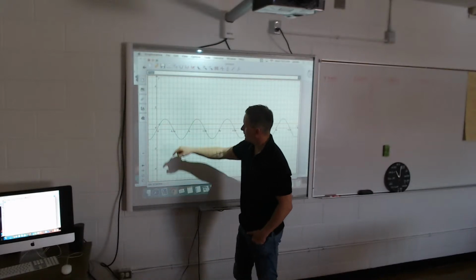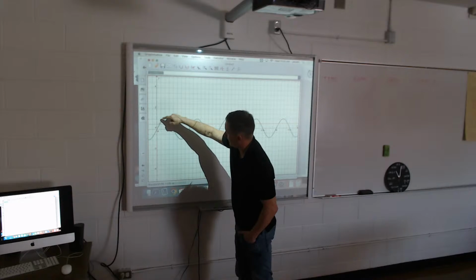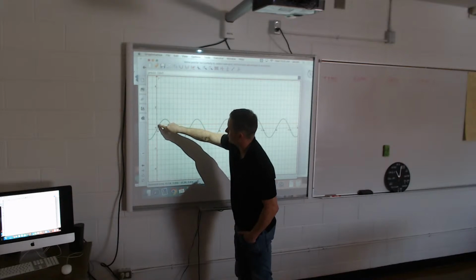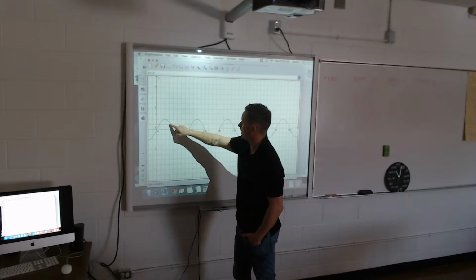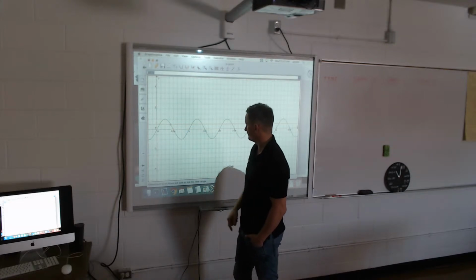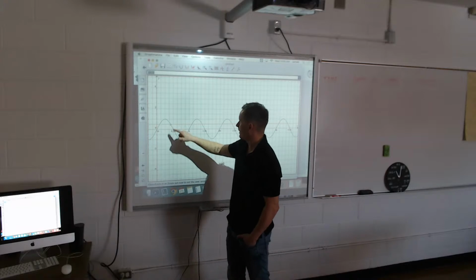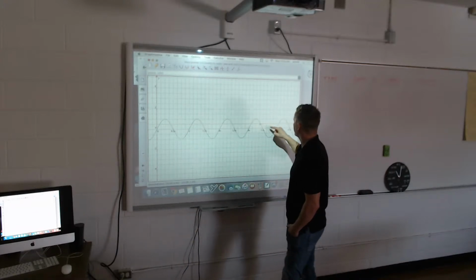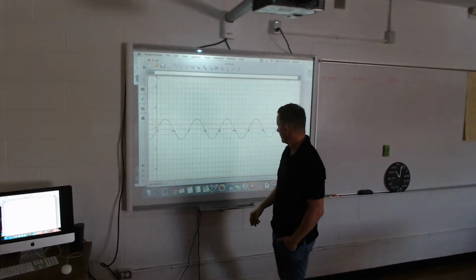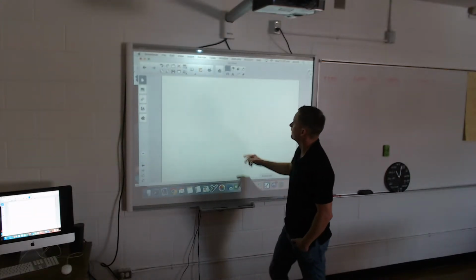So y equals 0.5, and that gives me my intersection point. So that first one is at 15 degrees. The next one will be right here. Then here, here, and then all the way across. Those are my intersection points, so you could get the values for them.